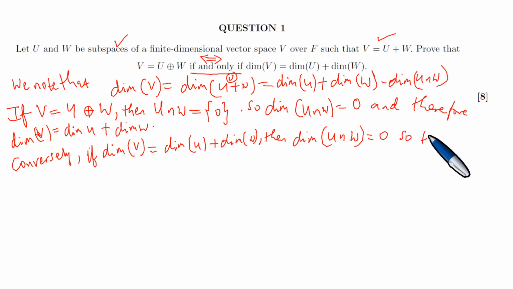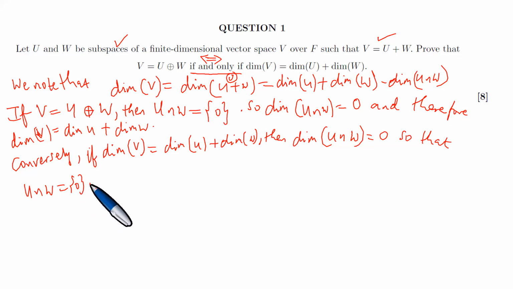If this dimension is 0, what does it mean? It means U intersection W is trivial. It consists of 0 because the dimension is 0. So the intersection does not have a non-zero vector.